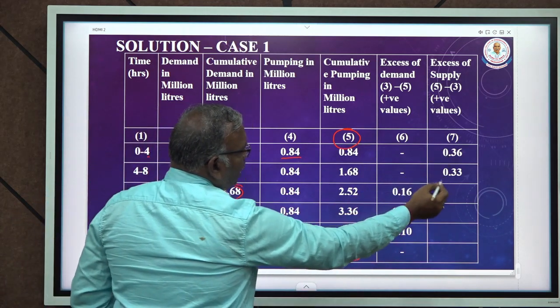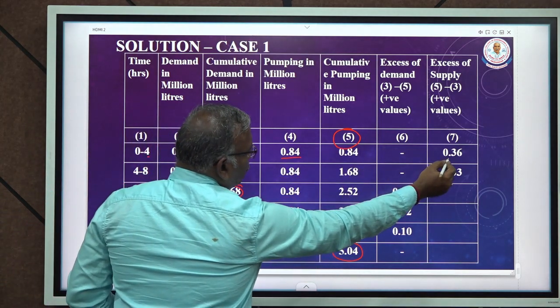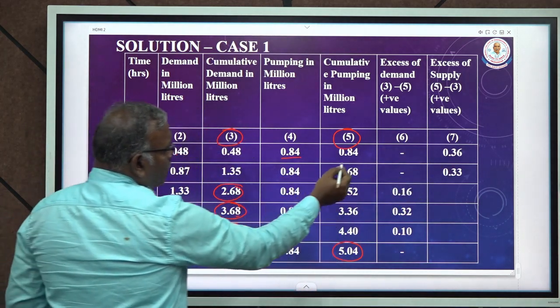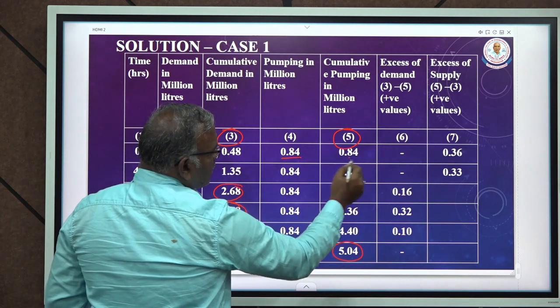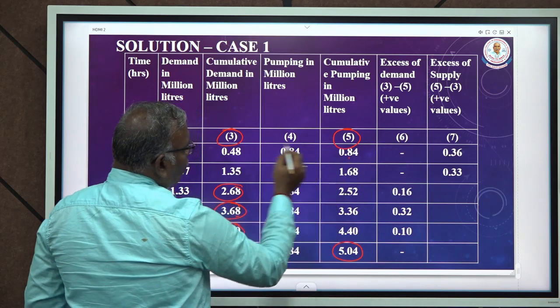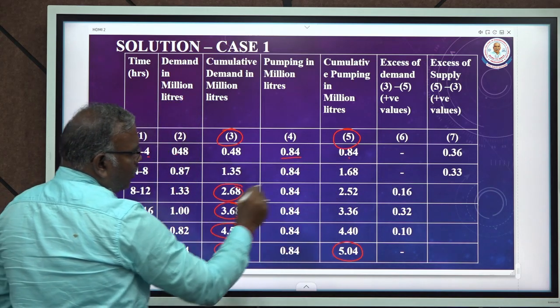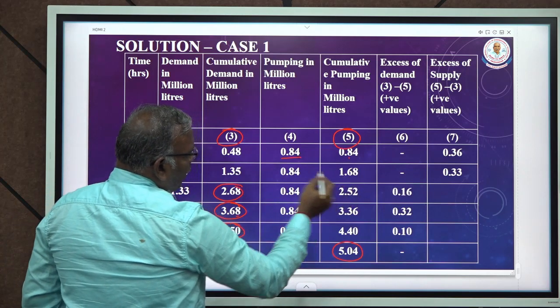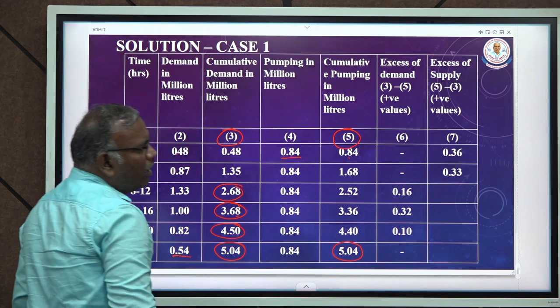Next, the excess supply, which is 0.84 minus 0.48. That is the excess amount of supply, where the pumping is more and the demand is less. So, 0.84 minus 0.48, and then 1.68 minus 1.35, we get 0.33.